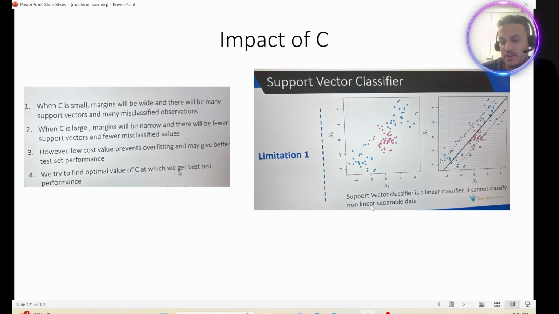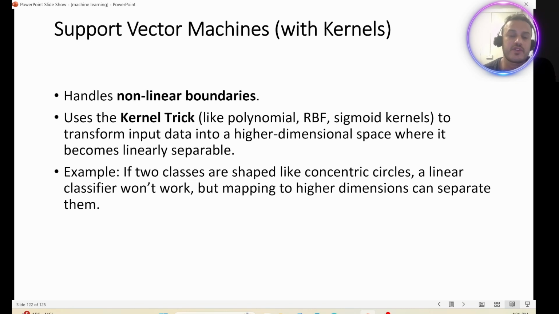And the limitation is that the support vector classifier is a linear classifier. It cannot classify non-linearly separable data. If you have non-linearly separable data, this one is not perfect for your model. The third one is called support vector machines with kernels. This one handles non-linear boundaries.